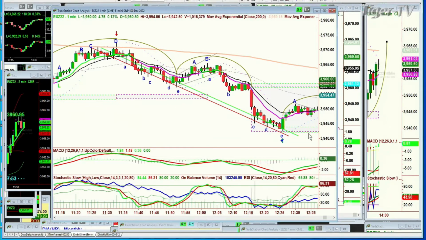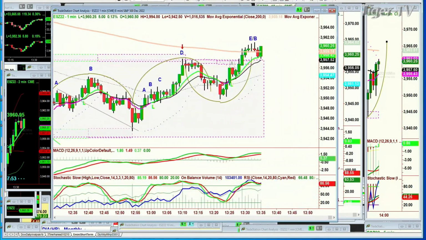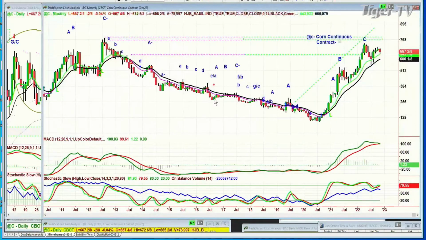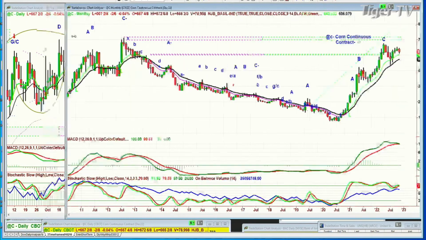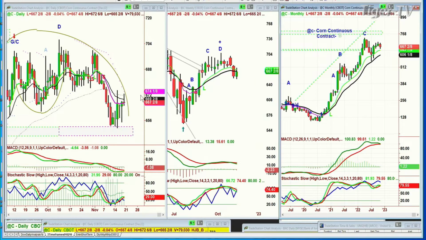All right, so I thought I'd show some of those. I'll show it live. And in the meantime, back at the ranch, what I want you to do is go back to the futures. So corn is saying it's near the highs, and that's one of those. That's in the monthly chart, but the daily and weekly are showing that the sell-off that it's had since mid-October has to be considered quite important because it is a peak D under the previous high in the weekly chart.